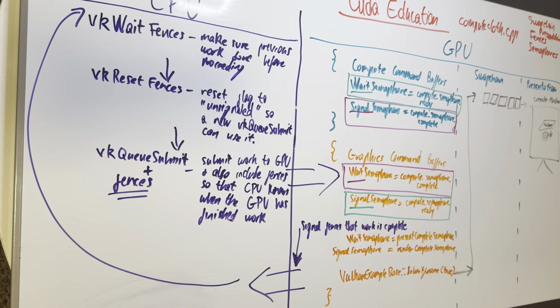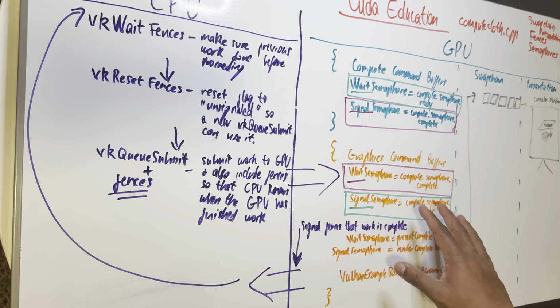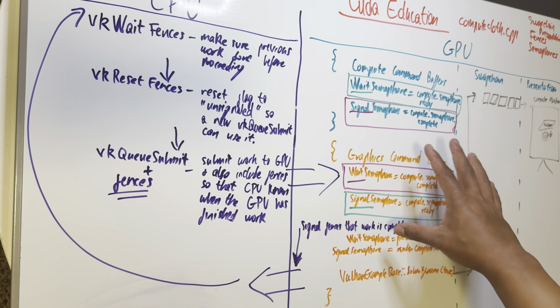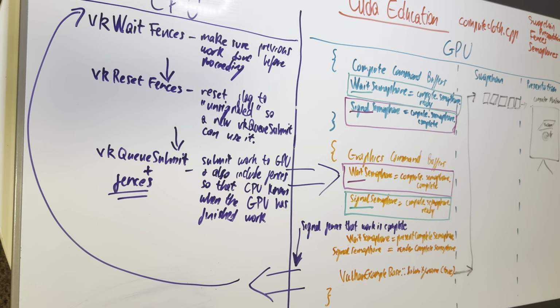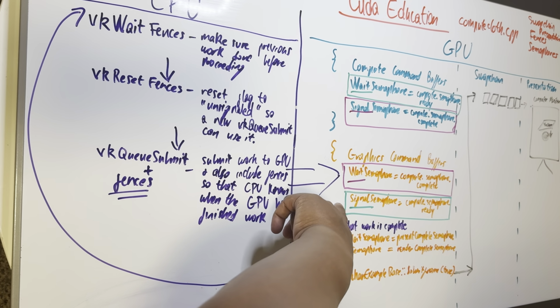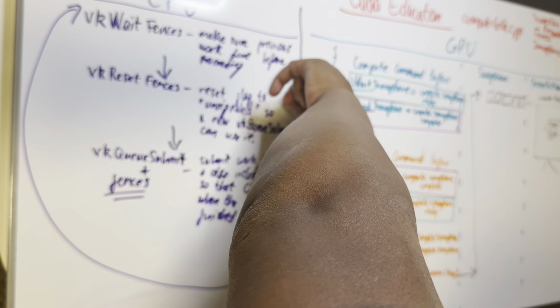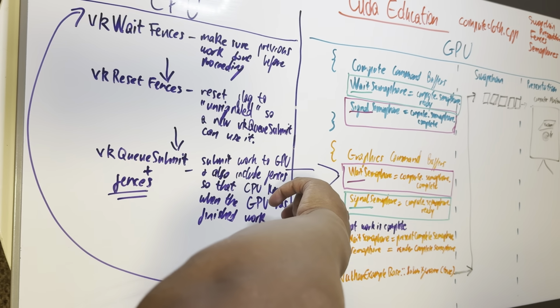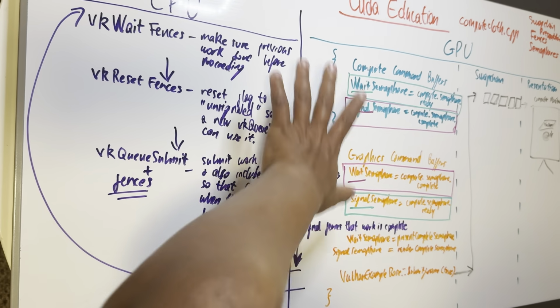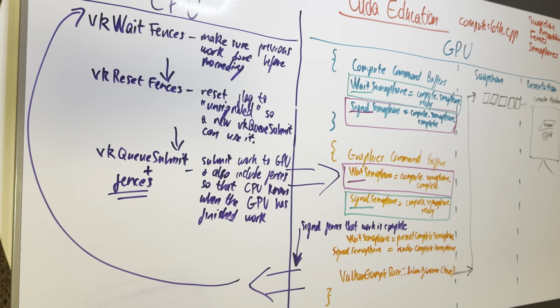Once the semaphore is signaled as complete, now graphics can proceed with its work. Once graphics proceeds with its work, it signals dot ready, semaphore dot ready. And notice that this signal for the graphics is the wait for the compute, right? So you understand the relationship between the two.